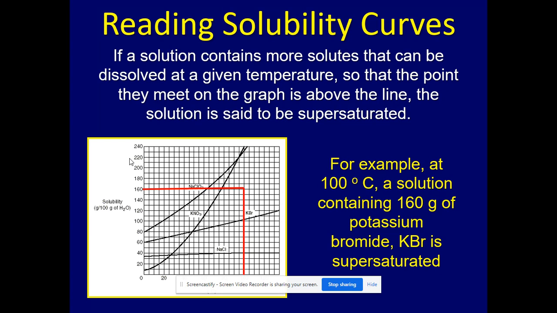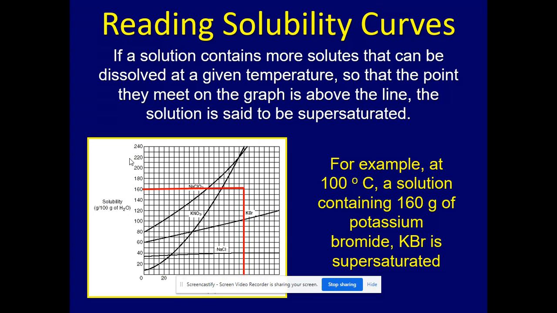If a solution contains more than the solvent can hold at that temperature, it would be supersaturated. So if the point's above the line, then it's going to be supersaturated. For example, at 100 degrees Celsius, find the 100 degrees at the bottom of the graph and look over to the y-axis for the 160 grams.